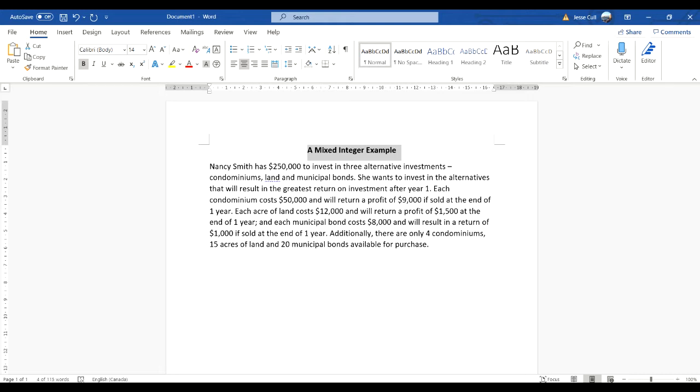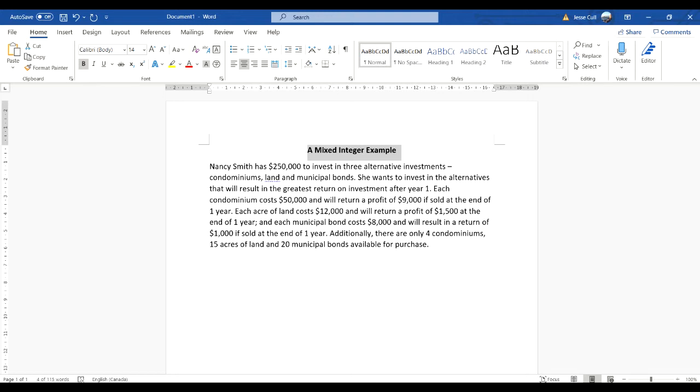Nancy Smith has $250,000 to invest in 3 alternative investments: condominiums, land, and municipal bonds. She wants to invest in the alternatives that will result in the greatest return on investment after year 1. Each condominium costs $50,000 and will return a profit of $9,000 if sold at the end of 1 year.